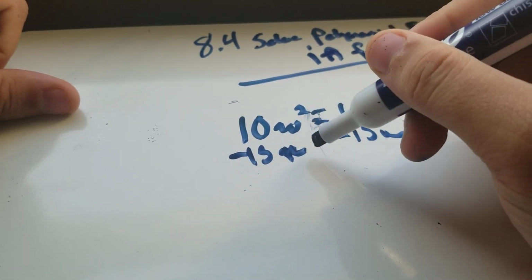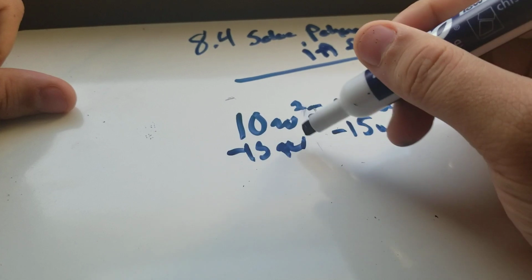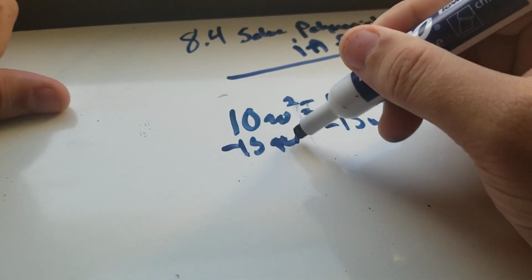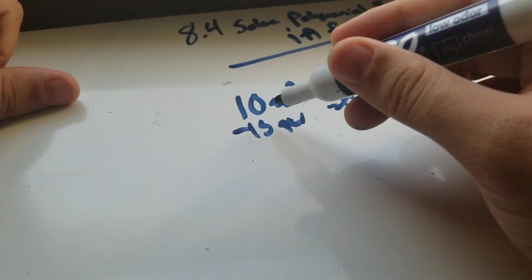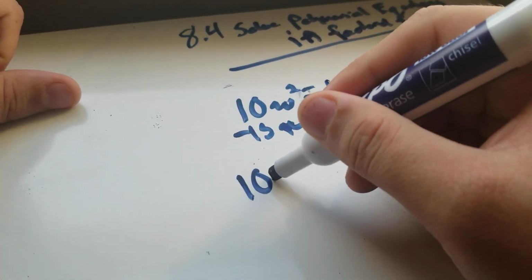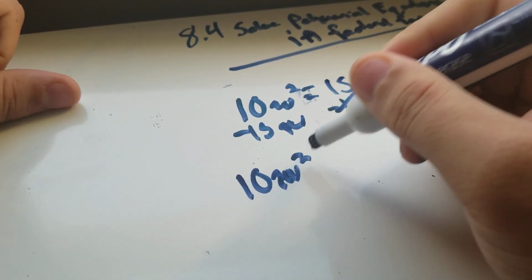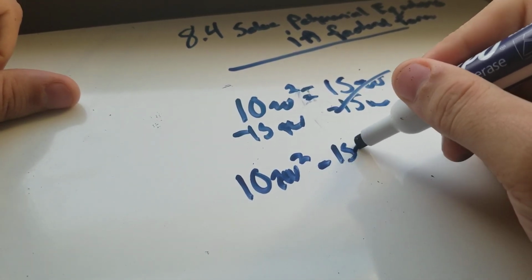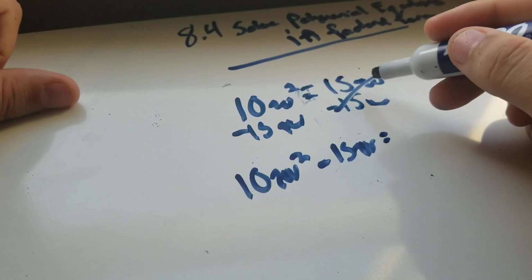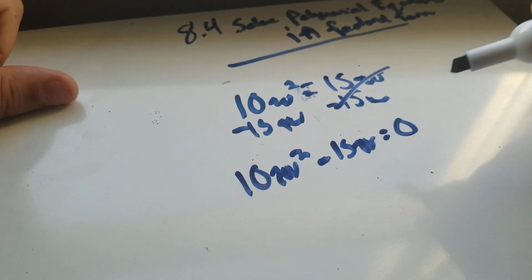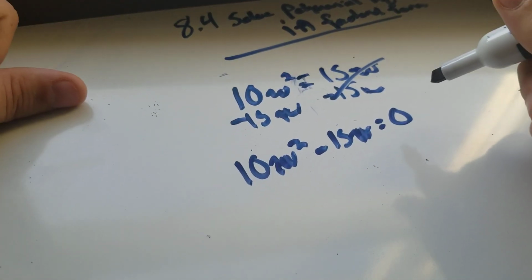Now, this is w squared and this is w. Because they're two different terms, you cannot combine them. So this is 10w squared minus 15w equals, now this completely disappeared, so it's just 0 left over because I subtracted it.